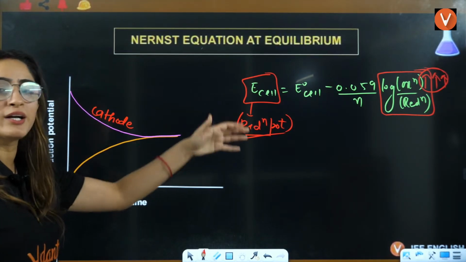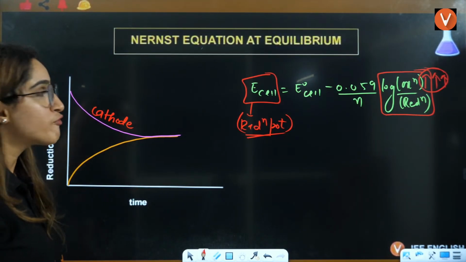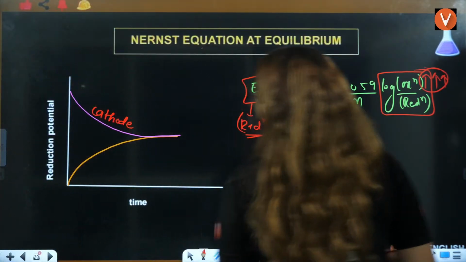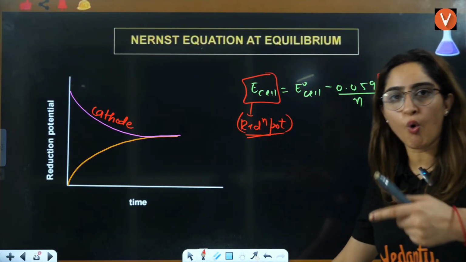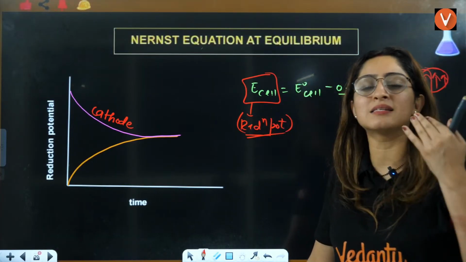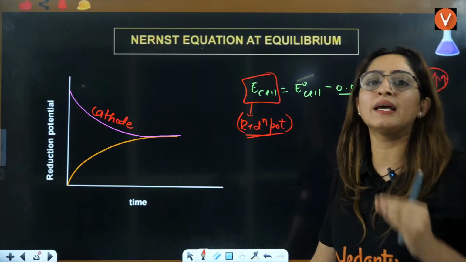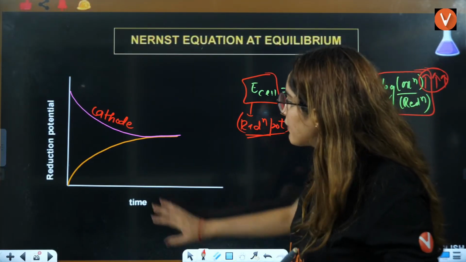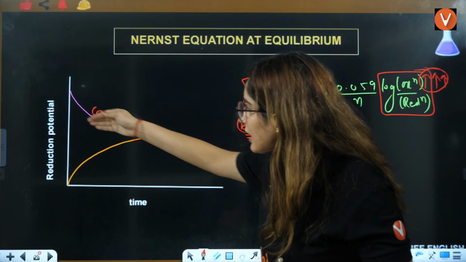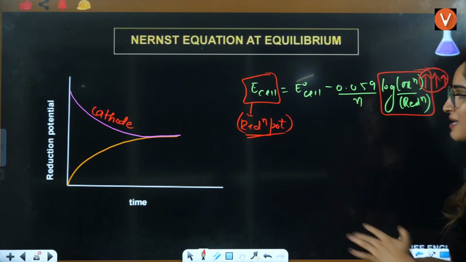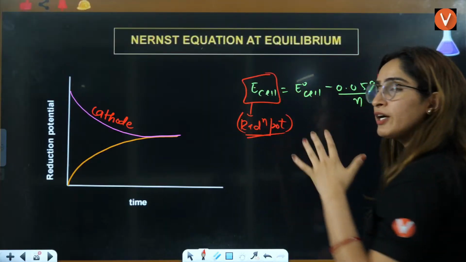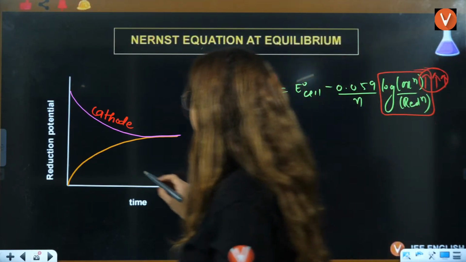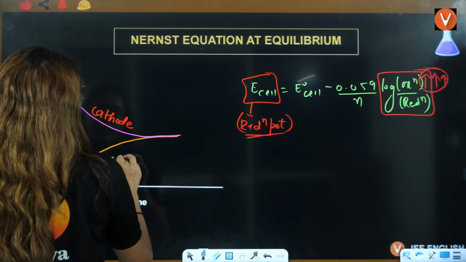But for the anode, it is opposite. Because for the cathode the reduction potential is decreasing, for the anode it will increase. The simple thing is, if you're talking about reduction potential, for the cathode it is decreasing as time moves, and for the anode it will be opposite, so it will increase.